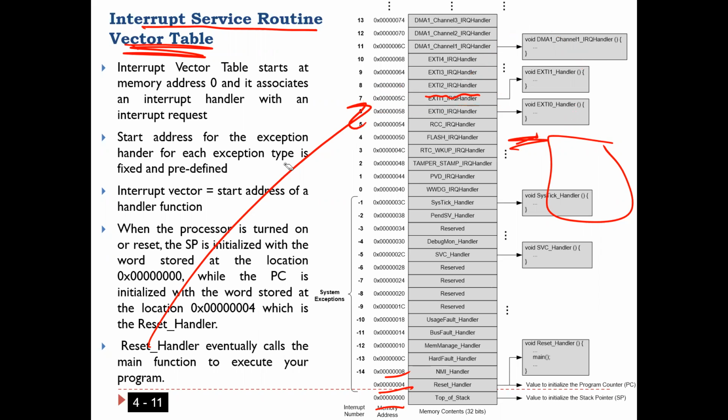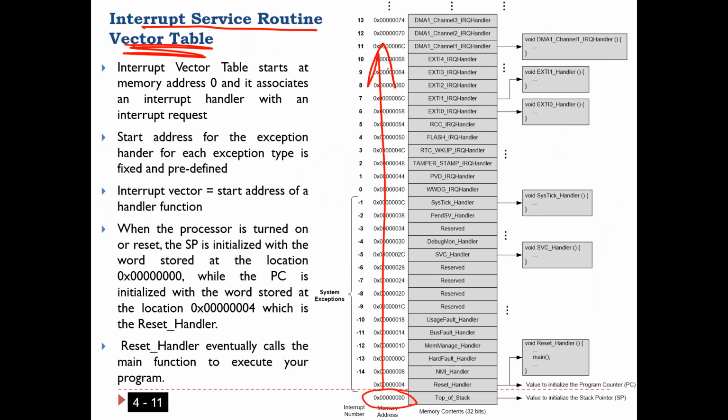Also, these addresses are fixed. What happens, guys, is that we start from location 000, and then for every interrupt source we have one address, which is one word, taking four locations.